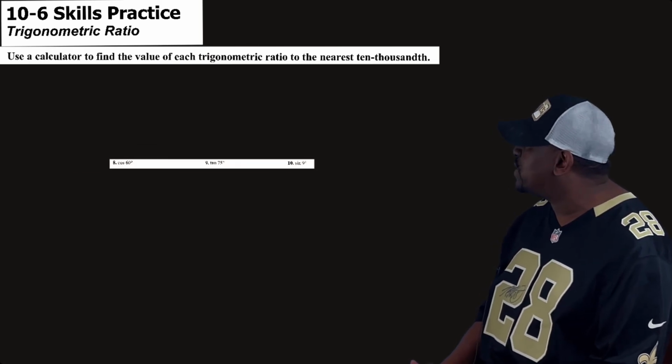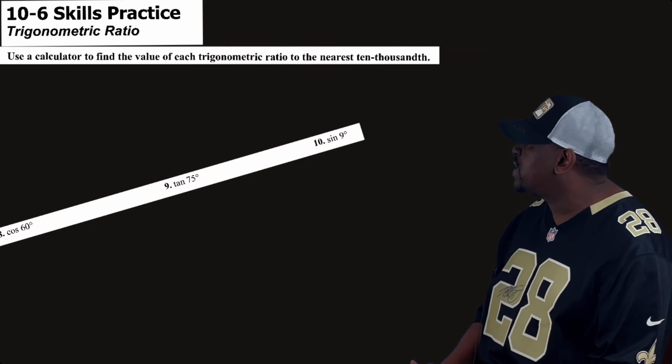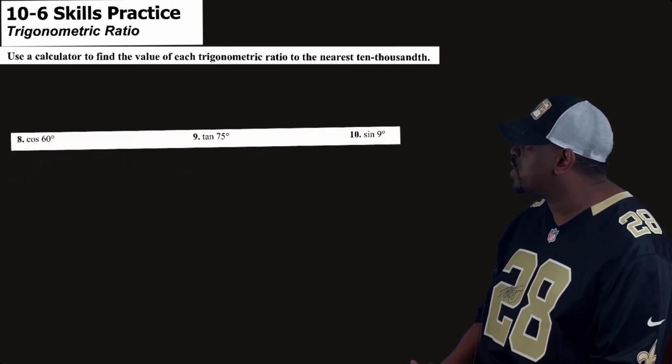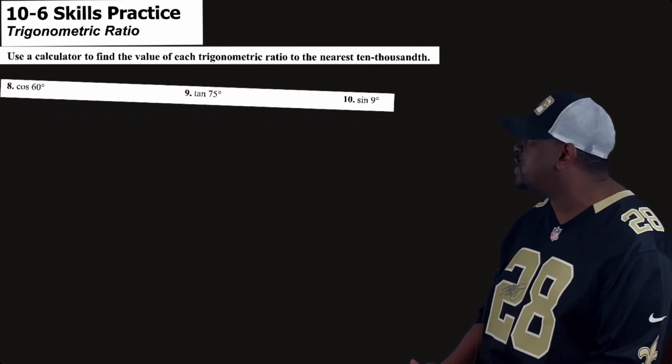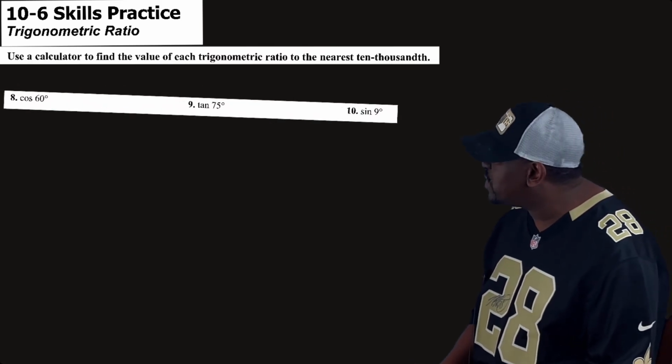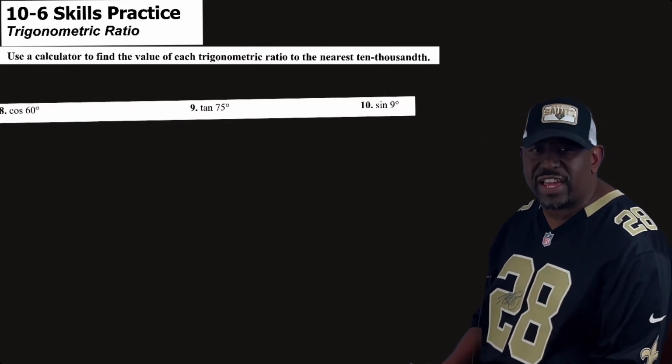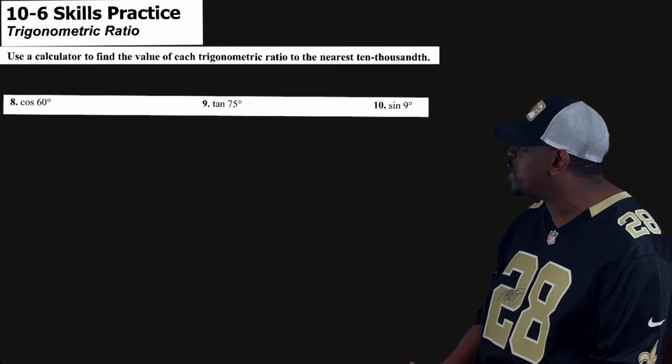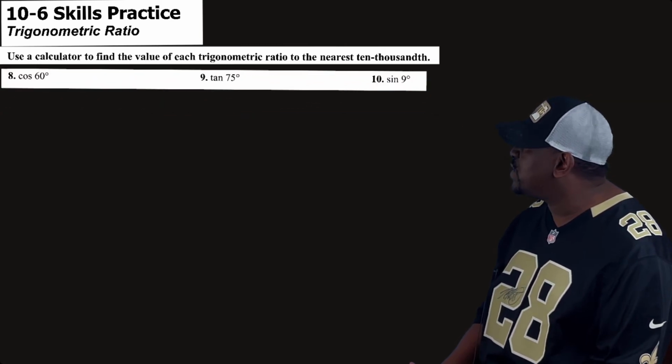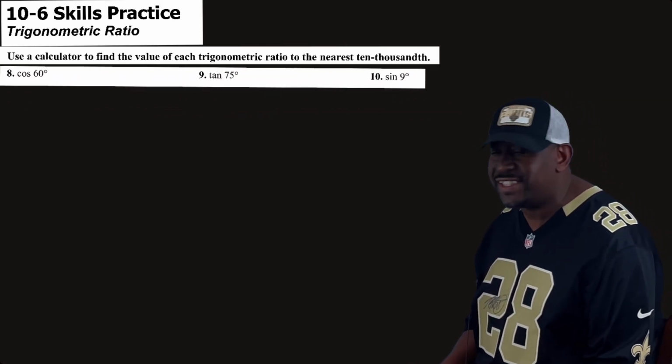So now we'll go to another group of three. We have cosine of 60 degrees, tangent of 75 degrees, sine of 9 degrees. So again, get your calculators out so we can do these. They go very quickly, as evidenced by this last problem we just did.